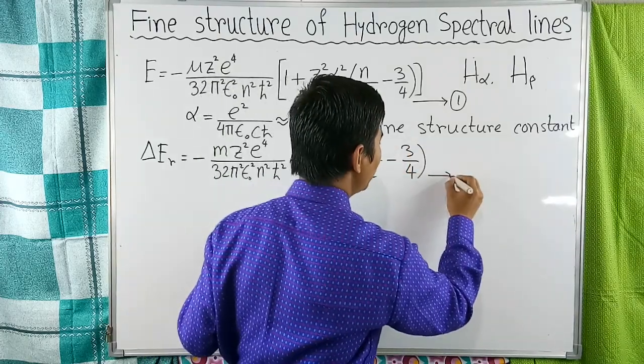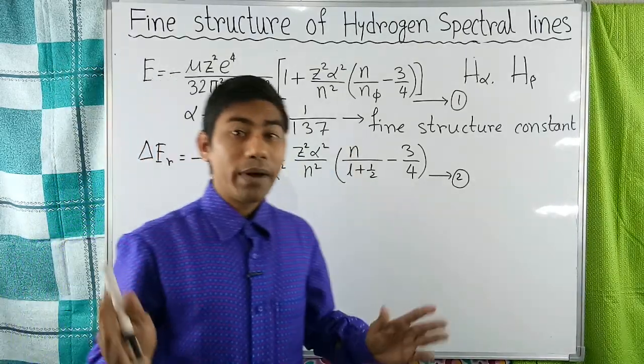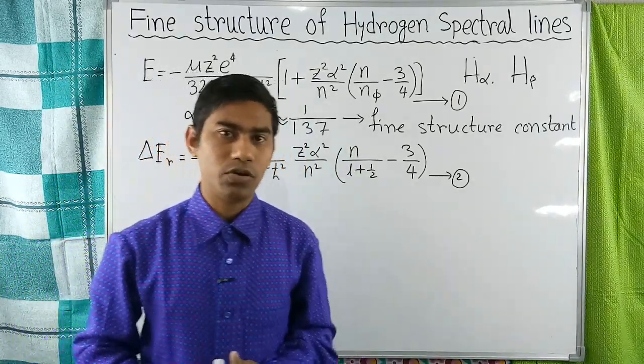Suppose this is equation 2. Here L is the orbital quantum number of the electron.